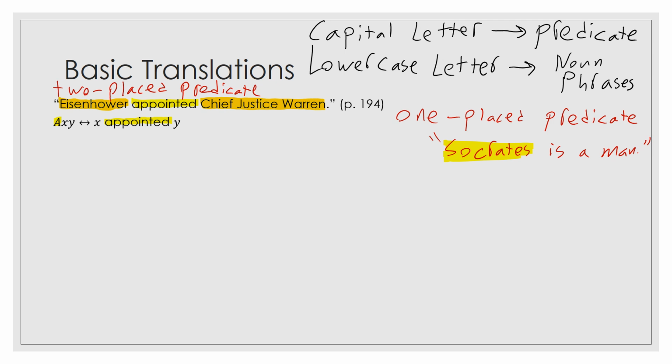For example, A, where x and y stand for particular people. We have lowercase e for Eisenhower, and lowercase w for Chief Justice Warren. And then we can construct our predicate logic, capital A, lowercase e, lowercase w. Eisenhower appointed Chief Justice Warren.